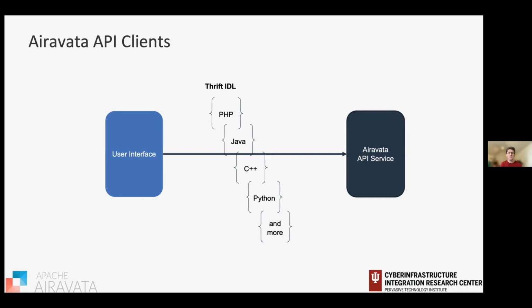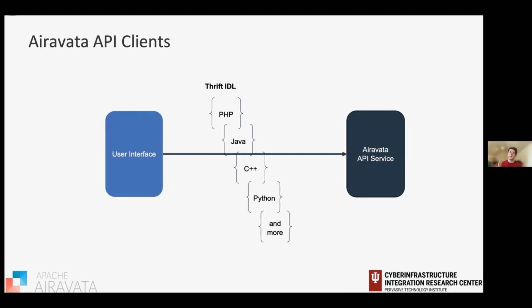Thrift has an interface definition language that allows you to define your API as an RPC type API. You define all of the methods that are available on your service. You define what the inputs and outputs are, and so you can create your own custom data models for inputs and outputs.